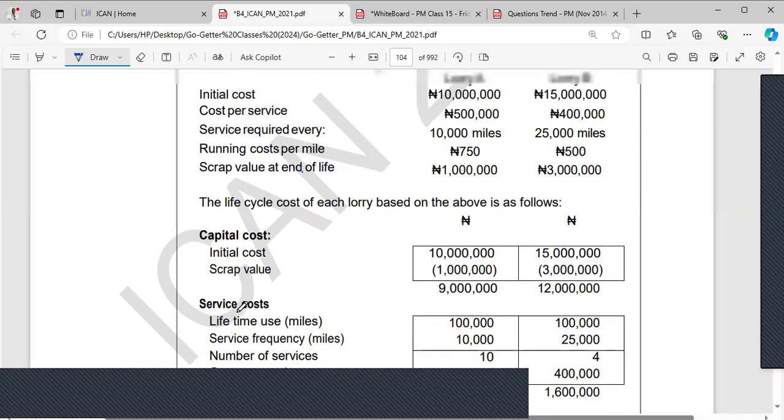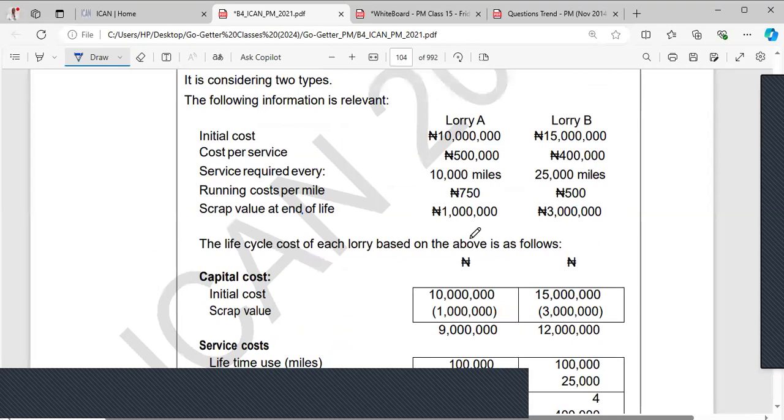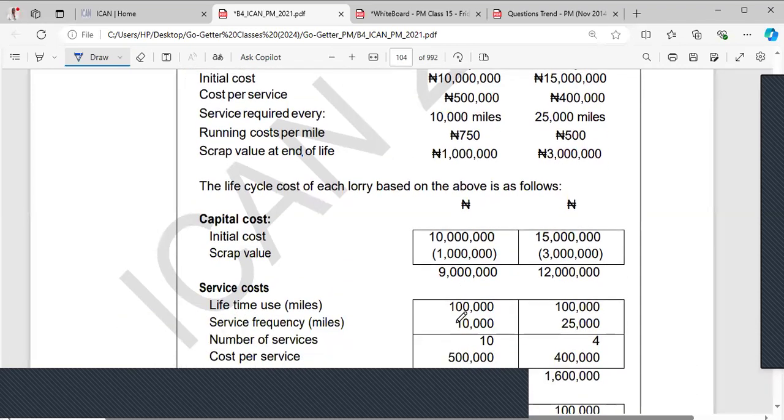Then how many miles will you run before you service it? It will run 10,000 miles, 25,000 miles. So how many services will you make? If you have a lifetime of 100,000 and you are servicing every 10,000, that means you make 10 services.